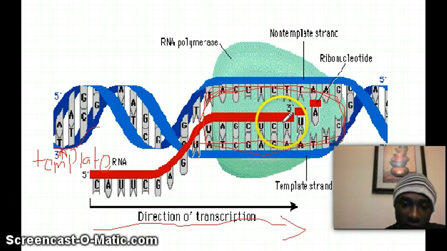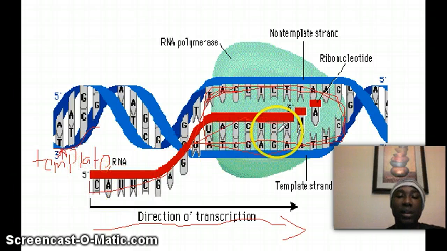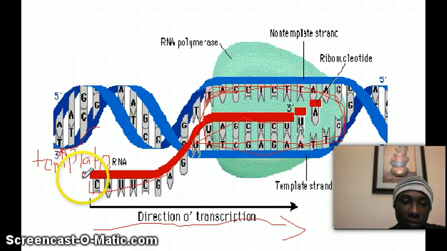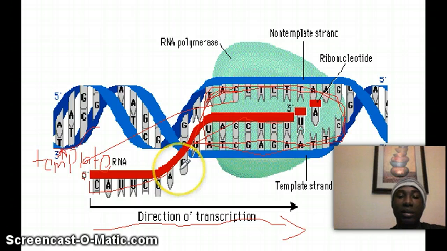So here's the RNA strand, and it'll synthesize the RNA strand from 5' to 3'. So that's elongation. The final step is termination and processing.